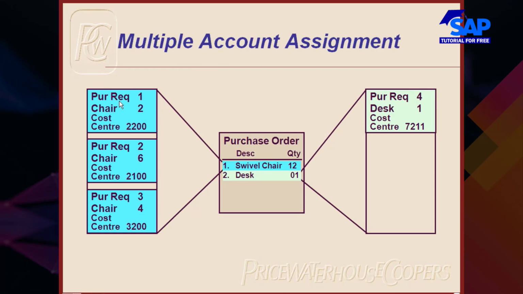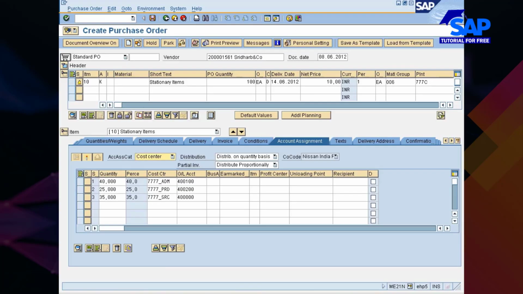You can convert multiple requisitions into one PO, or you can have multiple account assignment lines with reference to a single PO line. Whichever way, this is called multiple account assignments. As you can see here, the material is only one, I mean to say the PO line item is only one, but I am posting it into multiple accounts. Or it could be the other way also. Let me show you here.